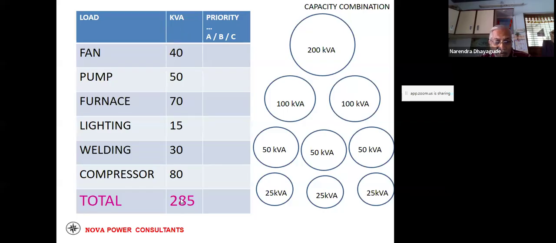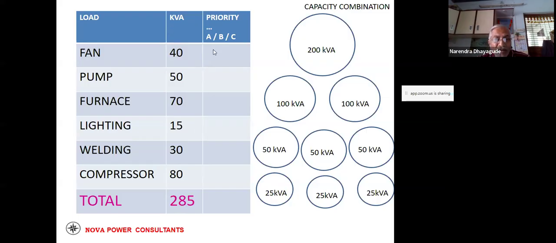But if only fans are running in the process, or fans and pumps, and the furnace is not being operated, then particularly for that period, we need not run the 285 kVA DG set or 300 kVA DG set.